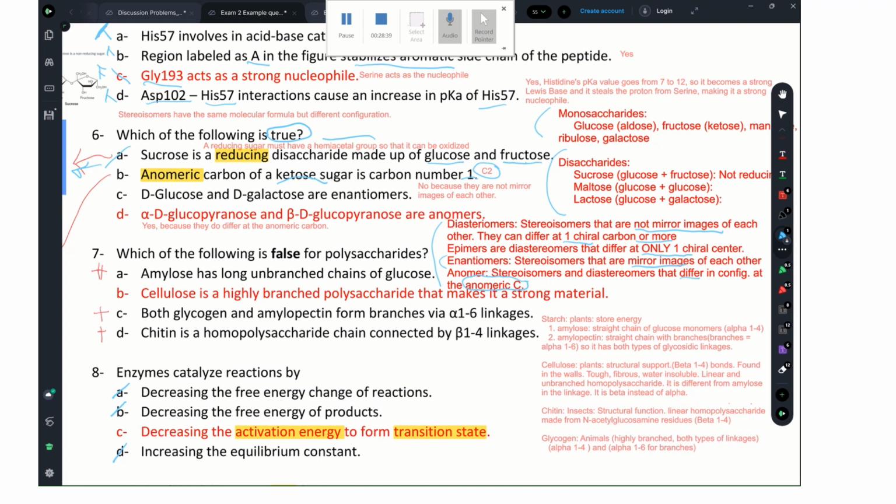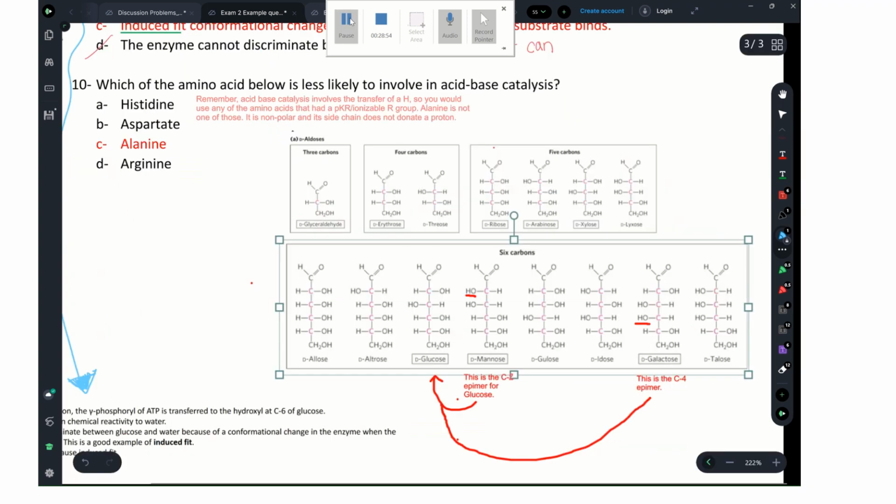Okay, so now we're back at C. So we see that this wasn't true, this wasn't true. C. D-glucose and D-galactose are enantiomers. So I think I put a figure. So here is D-glucose, and here is D-galactose.